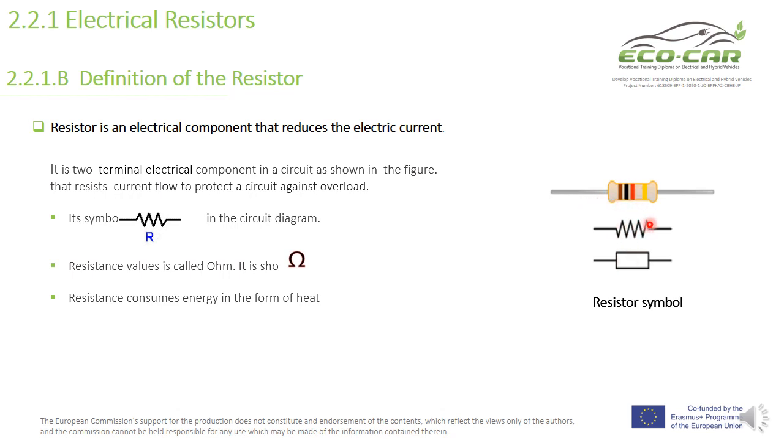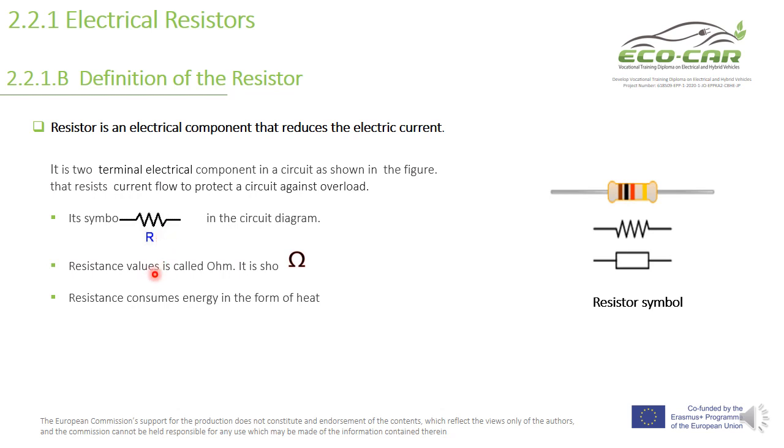This is the symbol of a resistor, like this one or this one. This resistor will resist the flow of current, and we use this resistor to protect a circuit against overload. The symbol is R.